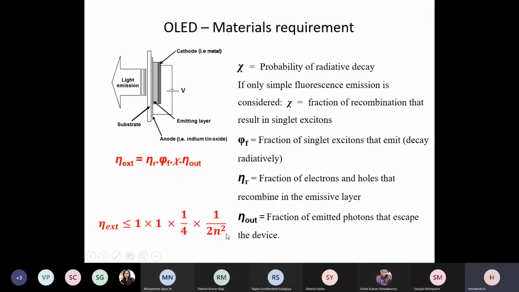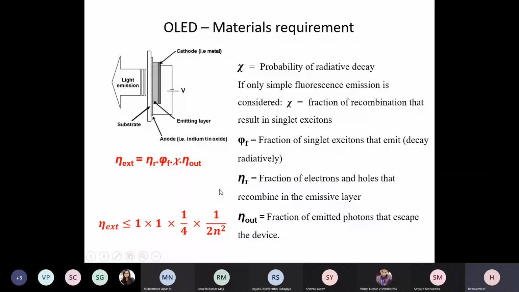In some textbooks, they use this formula, 1 by 2n squared, where n is the refractive index. That assumption or formula is based on the fact that we are looking at a device that is a cuboidal shaped device. So some textbooks use that formula.